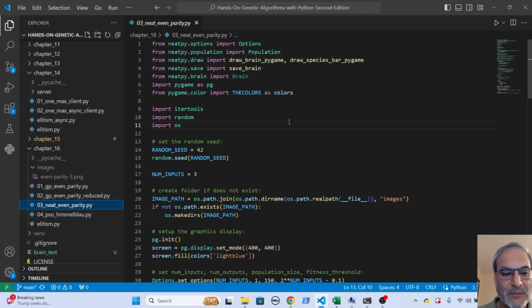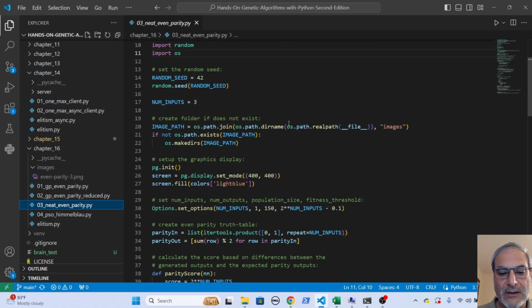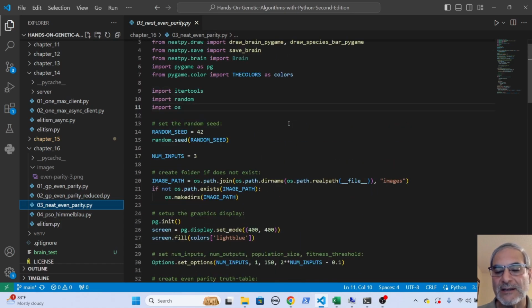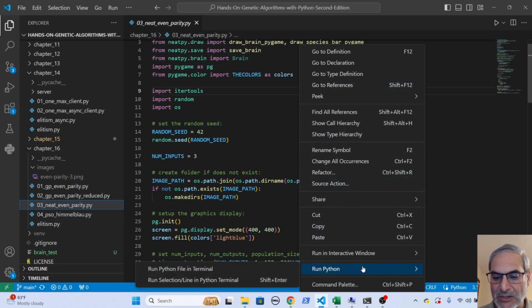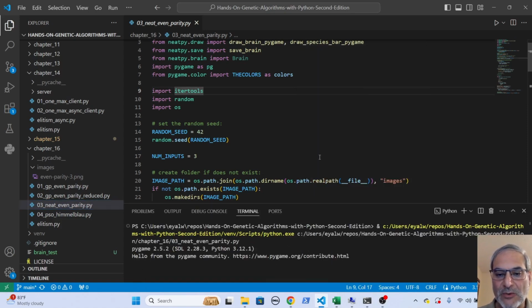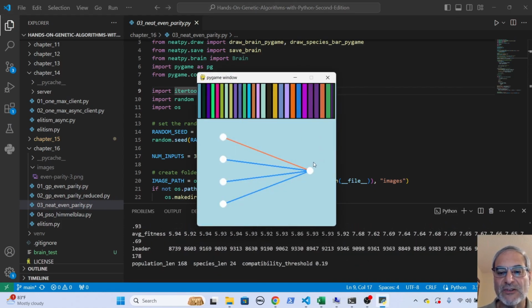Trying to basically create a neural network that will give us an implementation of that even parity function, that we know what the output should be for different inputs, all the combinations that we have. So if we run that, we will actually see a nice visual of it running.